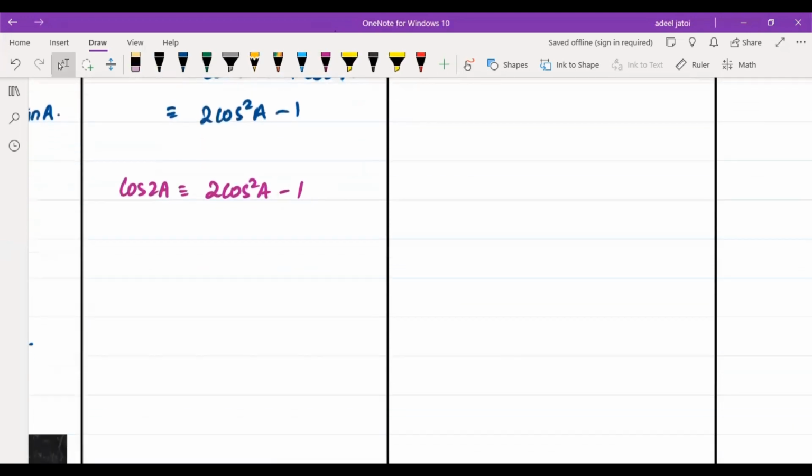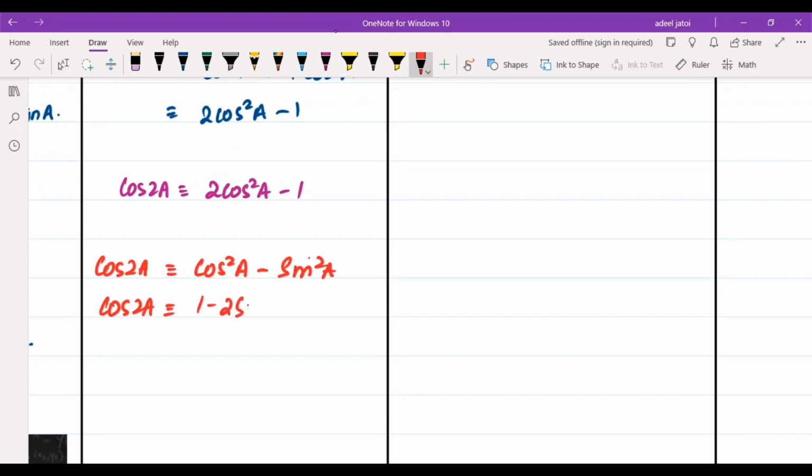So the three basic identities of cos 2A are: cos 2A can be written as cos square A minus sine square A, cos 2A can also be written as 1 minus 2 sine square A, and cos 2A can also be written as 2 cos square A minus 1.